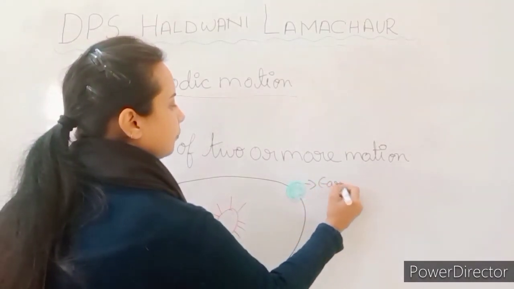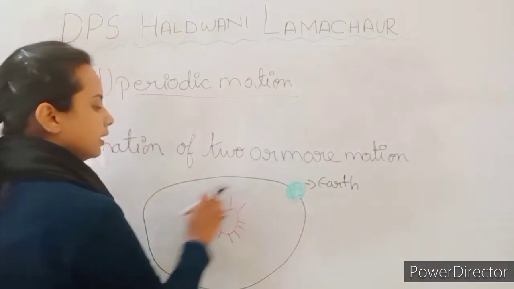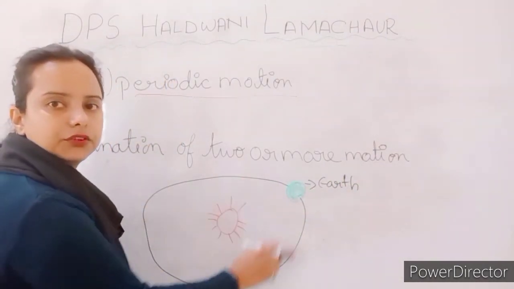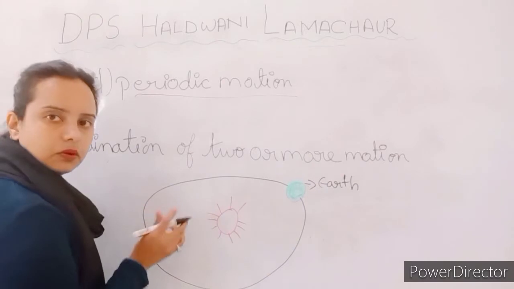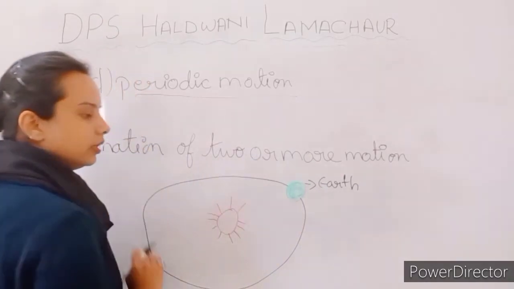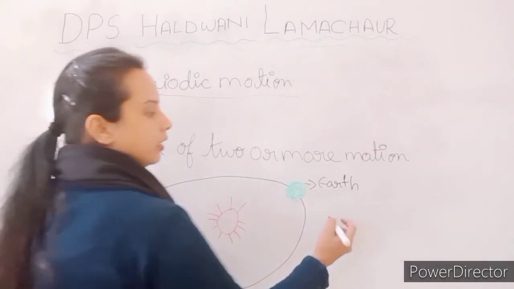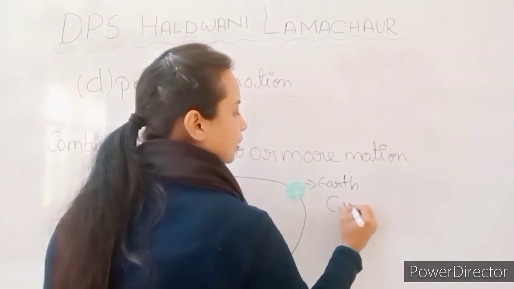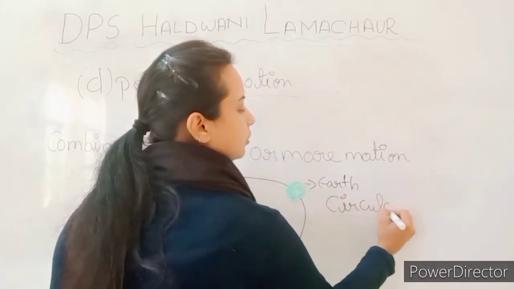What does the earth do around the sun? It revolves, it completes a revolution. So this is a circular motion. When the earth revolves around the sun, it is showing circular motion.